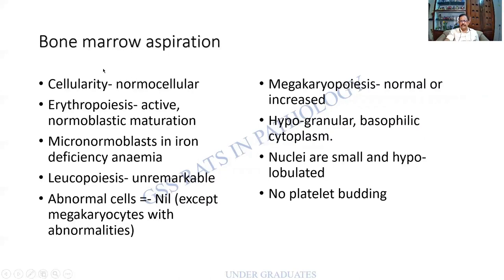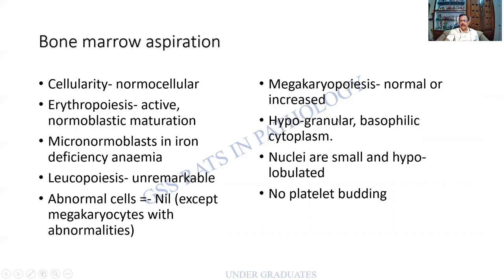The bone marrow aspiration, again the same set of subheadings. Cellularity is normal. Erythropoiesis is active. Micronormoblasts because of iron deficiency. Leukopoiesis unremarkable. Abnormal cells are nil except the megakaryocytes. They will be having the abnormalities mentioned over here. So megakaryopoiesis is normal or increased as a reaction.